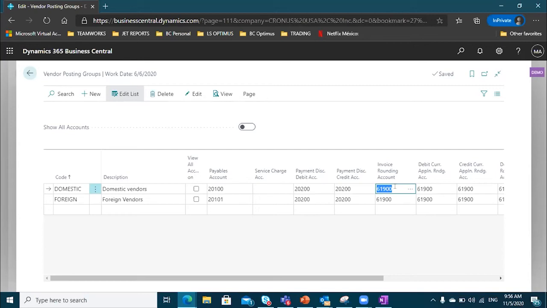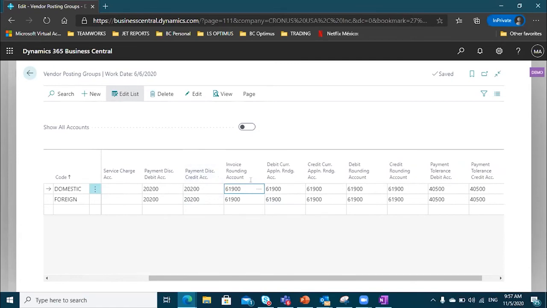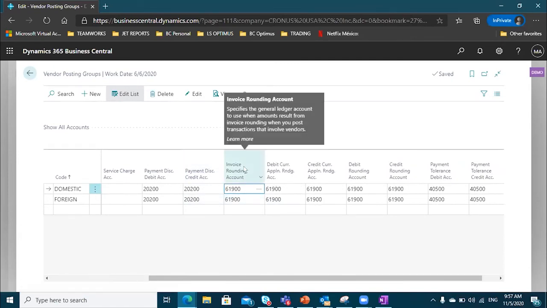Also, it's not only with exchange rates, but the idea is that you're going to receive documents that have different decimals than the ones you use in your system, and that's why we are always rounding. The differences will be posted in the specific GL account that you decide here, for payments and for invoices. So we have roundings in the entire AP area.